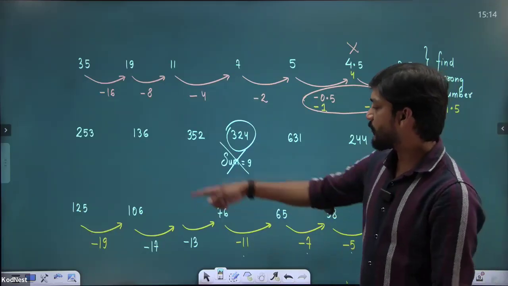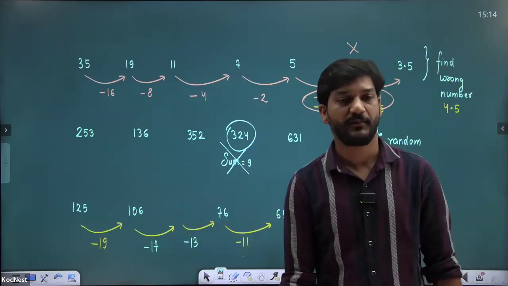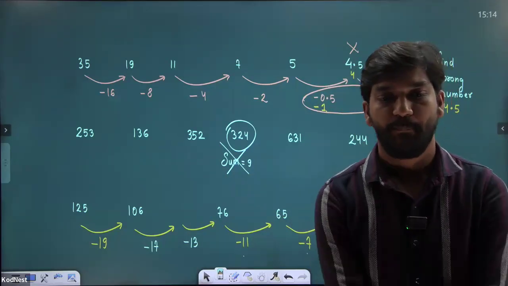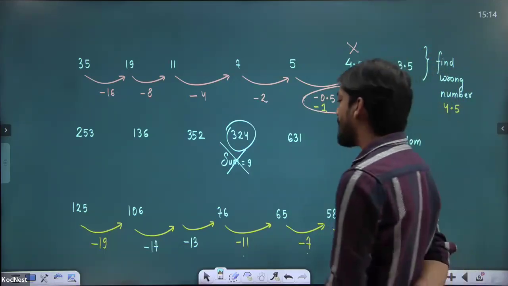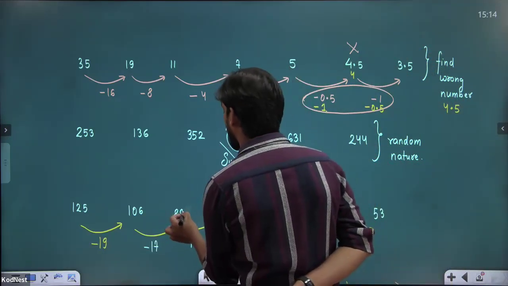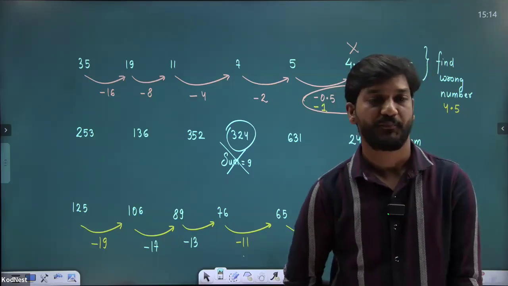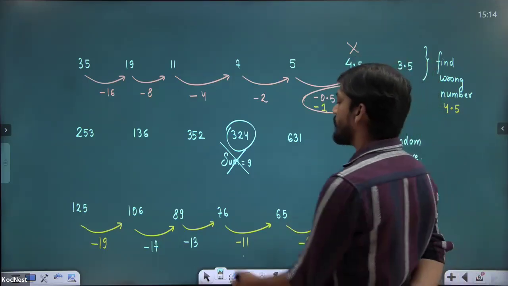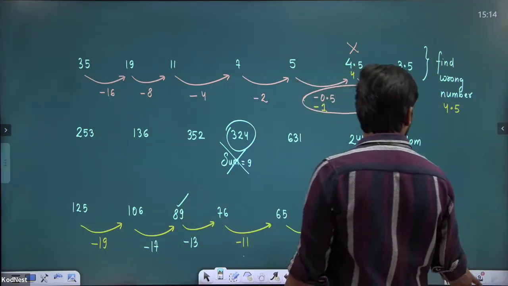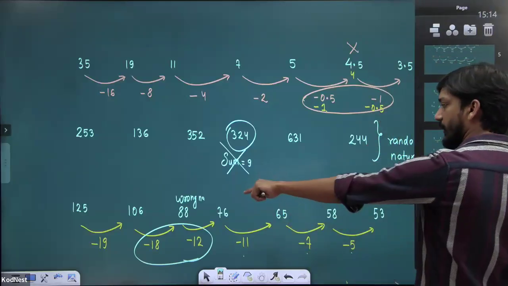So please carefully answer. 106 minus 17, how much? Minus 17, how much? 89. 89 minus 13, is it 76? Yes. So 89 is correct. In place of 88, it should be 89.